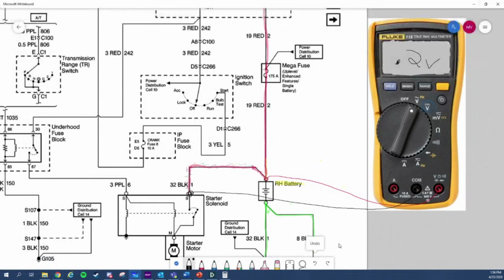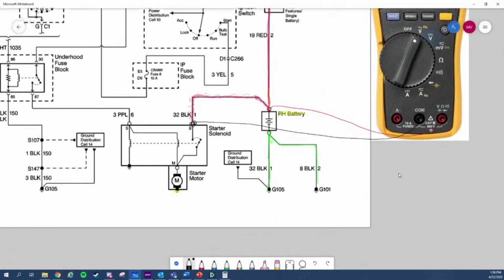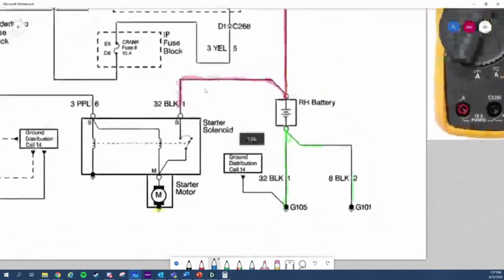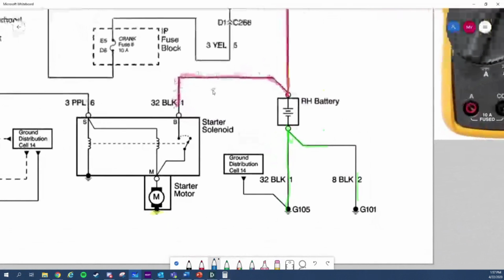Now, how do you check the ground side? Same way, but where at? 32 black one. So we already did the power side. Let's say our results were 0.125 volts.